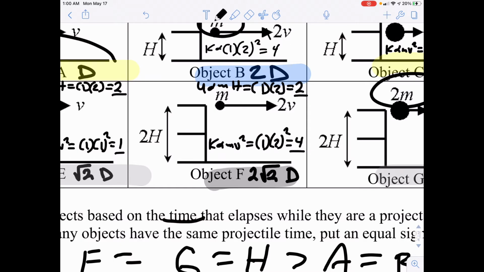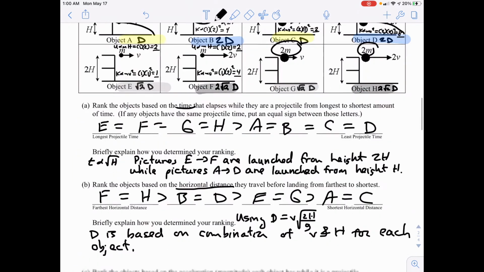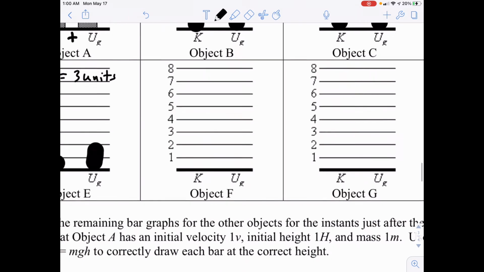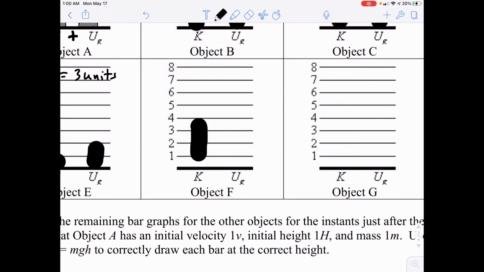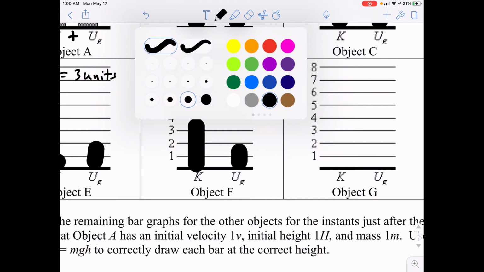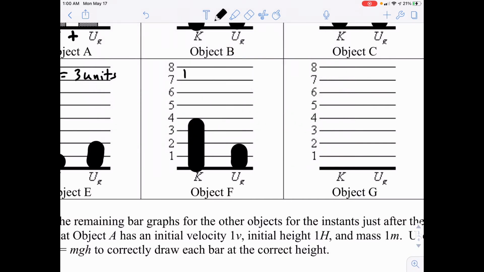So we have 4 kinetic energy units, 2 potential energy units. 2 and 4, for a total of 6 kinetic energy units when we add up those two.